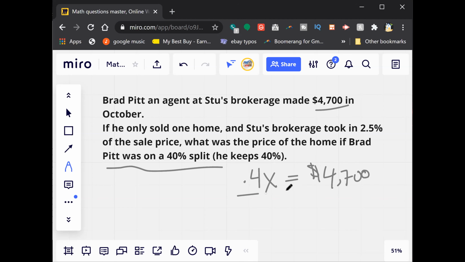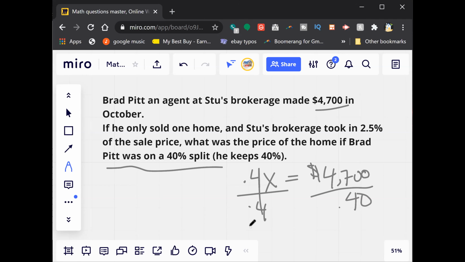So what our first step is going to be is to divide the 4,700 by 40%. We're going to take 4,700 divided by 0.4.